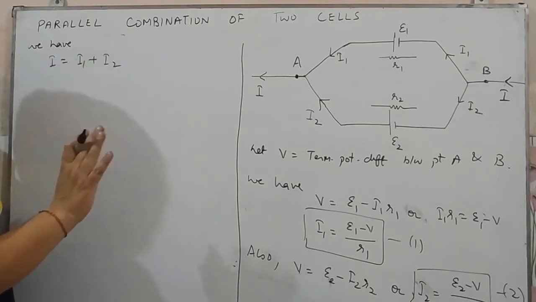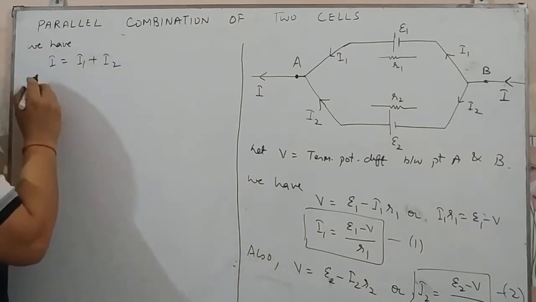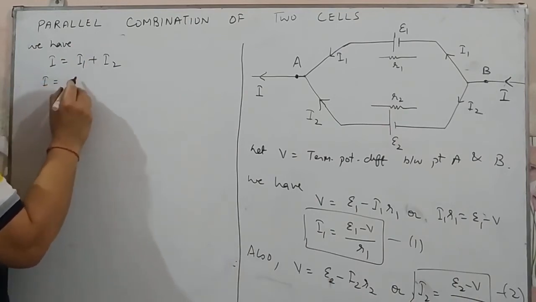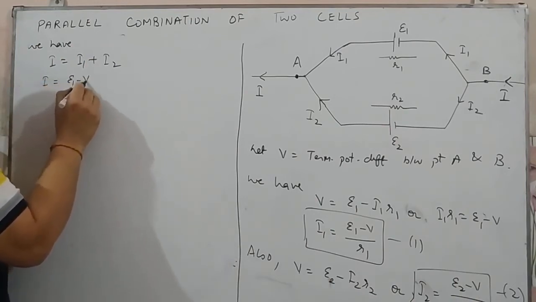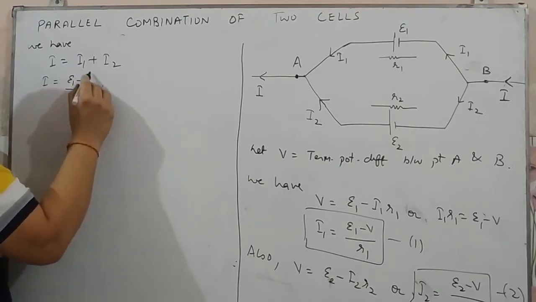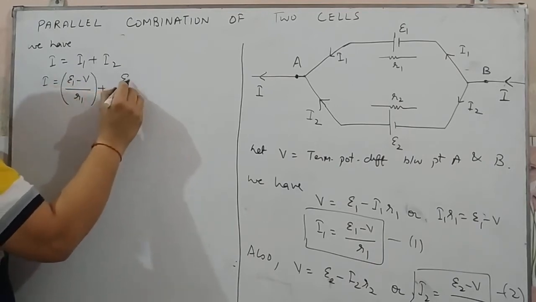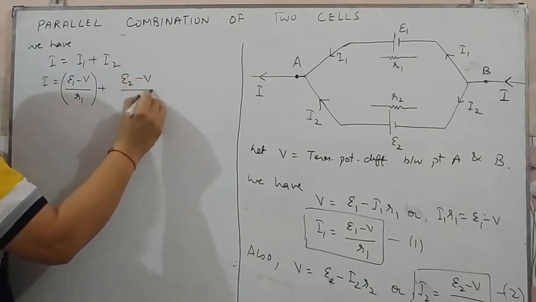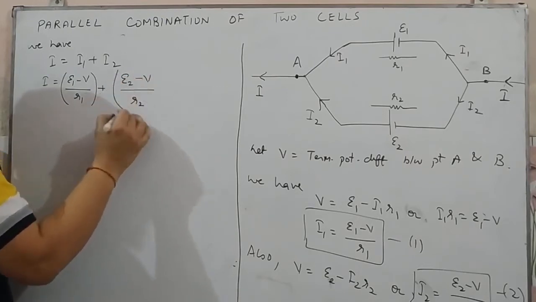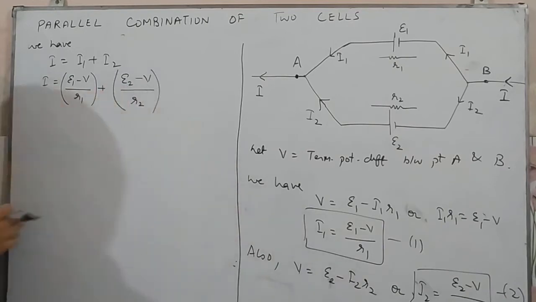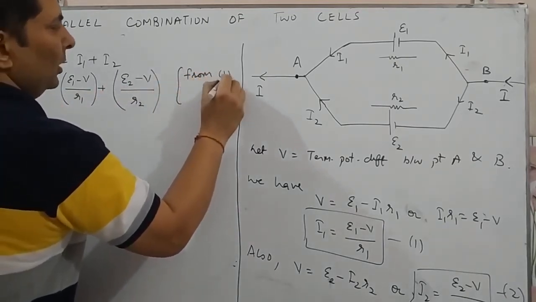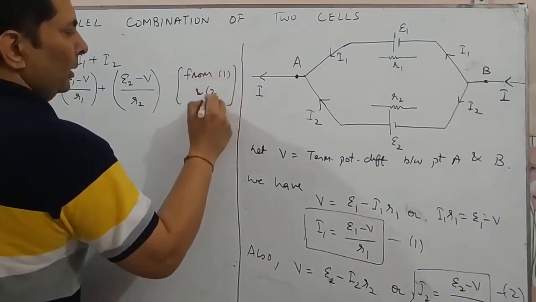Now we can write I equals E1 minus V divided by R1 plus E2 minus V divided by R2, from 1 and 2.